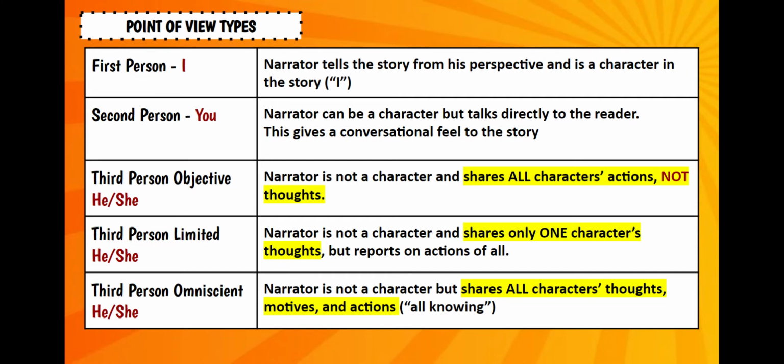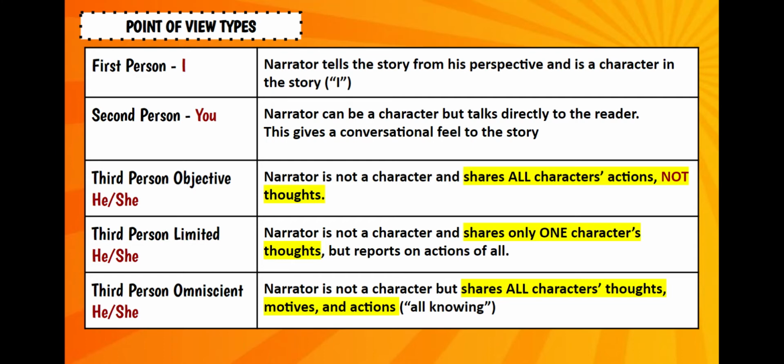In second person point of view, you're going to see the pronouns you and your. And this is when the narrator can be a character in the story, but talks directly to the reader. It gives kind of a conversational feel to the story. And although it is very rare, we are reading a story that is from second person point of view.